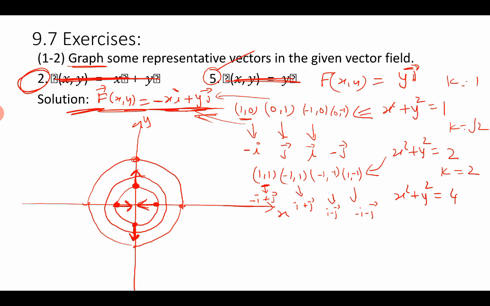How to represent these 4 vectors? 1 comma 1 in the first quadrant, we are here, on this second circle where k is root 2. So 1 comma 1 is here. Negative i goes in this direction, positive j goes in this direction, so the summation of these will be in this direction.